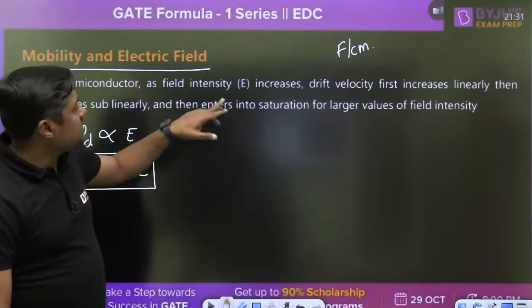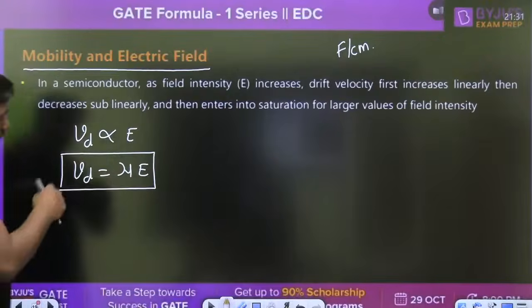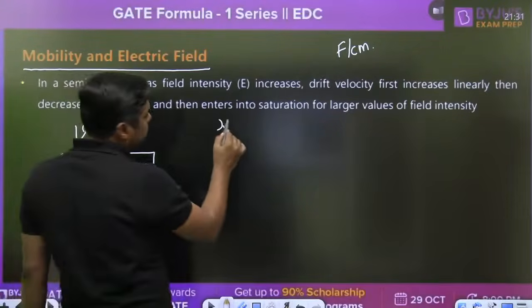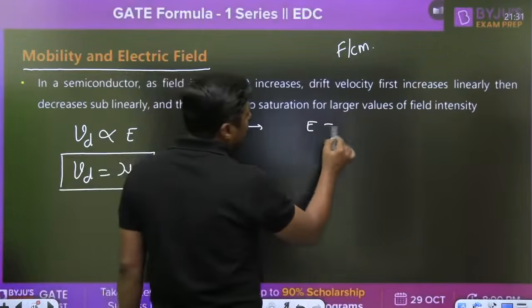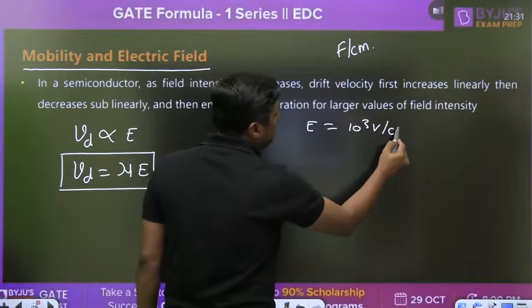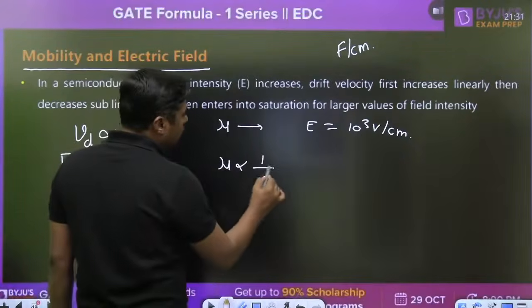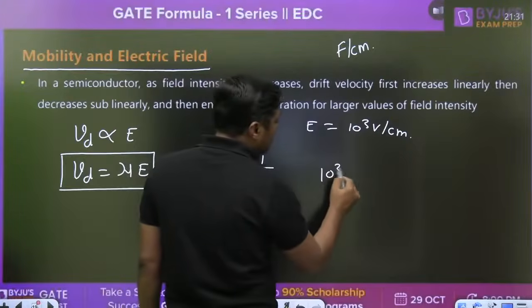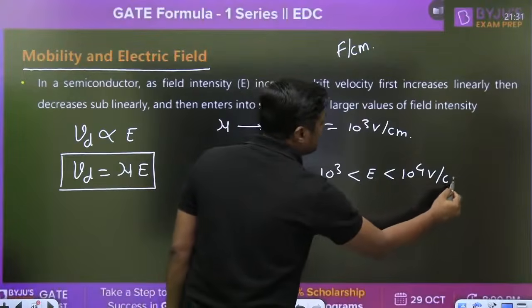Okay, then in a semiconductor, as field intensity increases, first of all, mu d. What will happen is that initially the mobility is independent of E, up to E equal to 10 to the power 3 volt per centimeter. After that, mobility is proportional to 1 by root E, for E between 10 to the power 3 and 10 to the power 4 volt per centimeter.